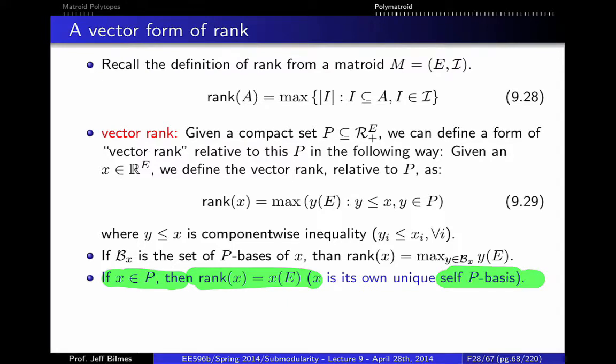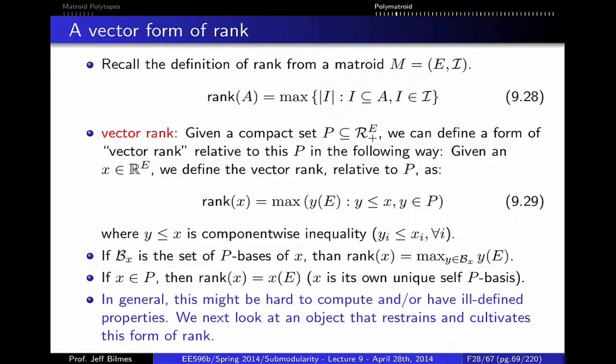Now the only thing that distinguishes one P basis from another is P. P is the particular subset of R^n, or R^E in this case, that we're defining all of this stuff with respect to. Now, if we were to take any arbitrary shape P, like some crazy non-convex shape with curves and lines and wiggles and everything, all of these things may be either hard to compute or have ill-defined properties, or there might be no unique ones.